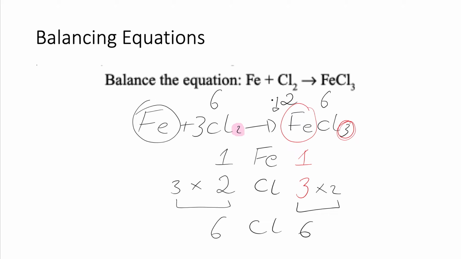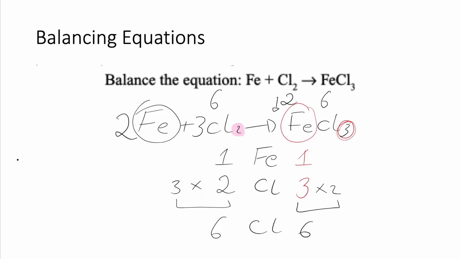However, we have a problem now because we have 2 of these chlorines over here, which makes it 6. We also have 2 irons, and over here we only have 1. So what we can do, we can put a big 2 over here to make it all balanced out. We have 2 irons on this side, we have 6 chlorines, we have 2 irons and 6 chlorines.